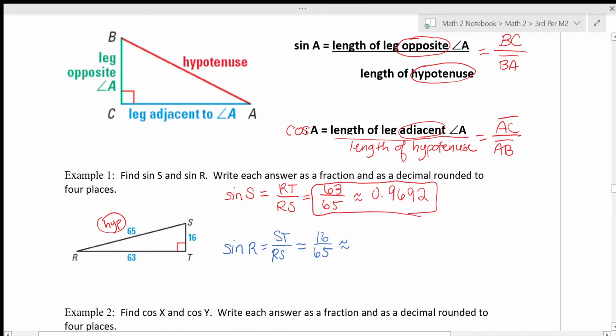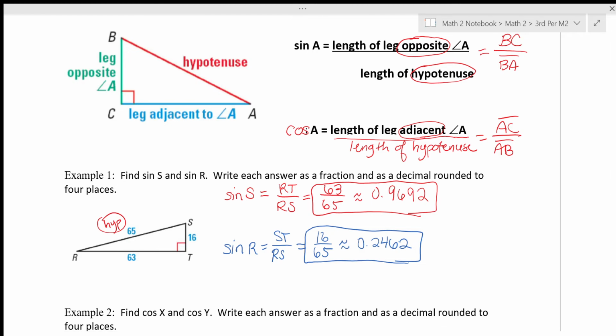And then if we do 16 divided by 65, we get a really long decimal. We're going to round it to 4 decimal places. That's going to be 0.2462. So there is our answer for sine of R, written as a fraction and then as a decimal, rounded to 4 decimal places.